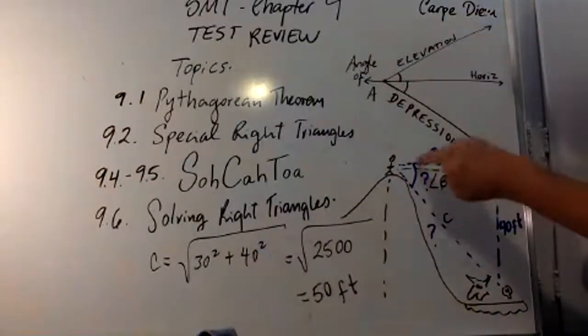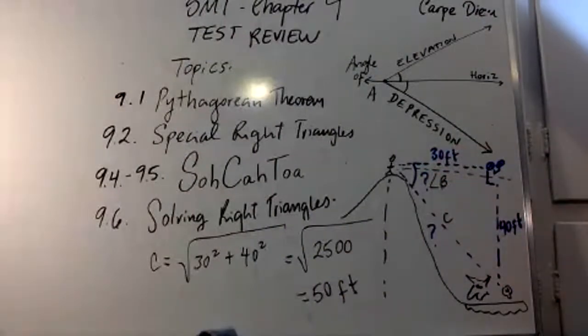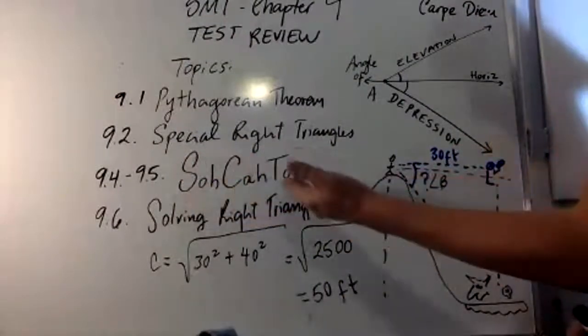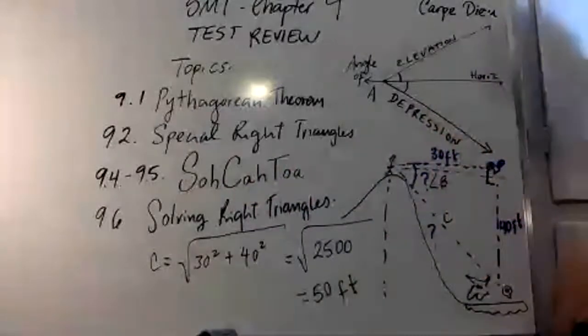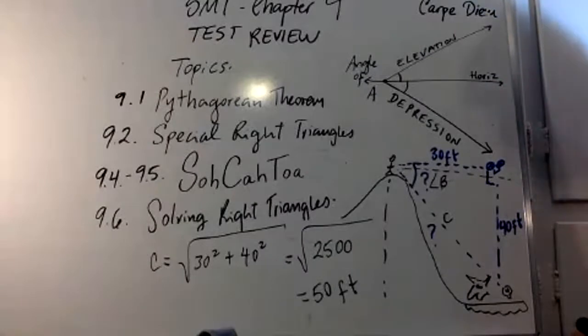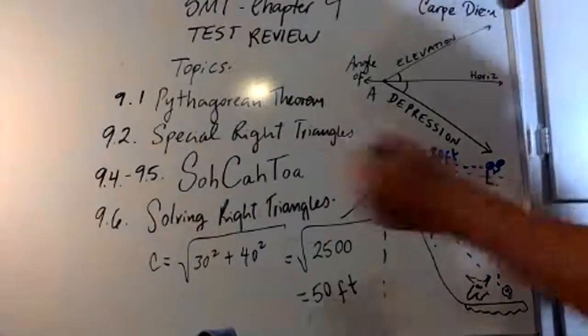And in the angle of depression, you can use any of the trig functions, either sine, cosine or tangent, because you have the measure of all three sides. Whichever works for you is okay. I'm going to use tangent because we already have this information here.